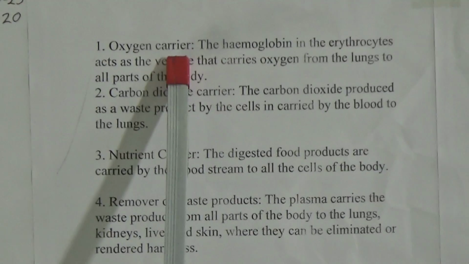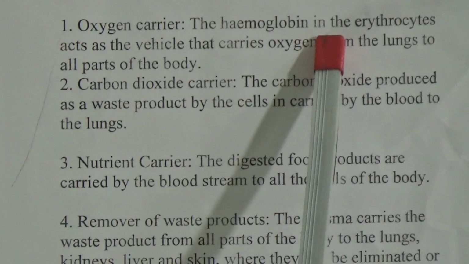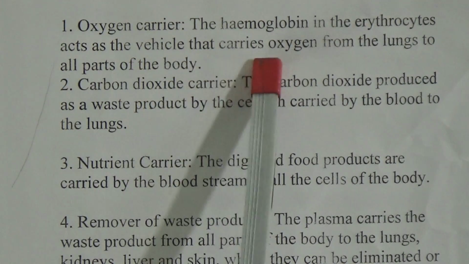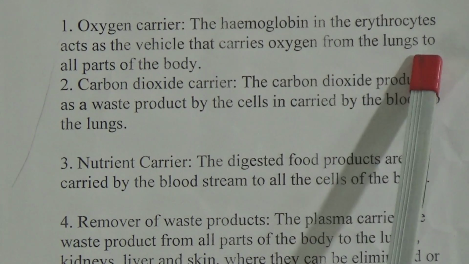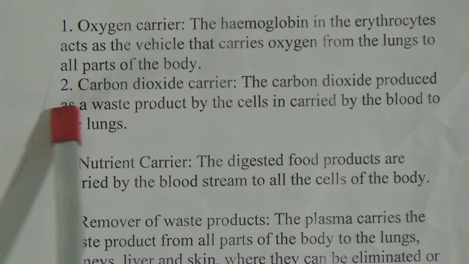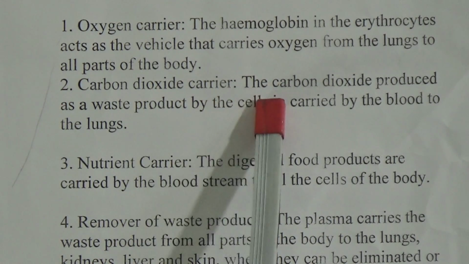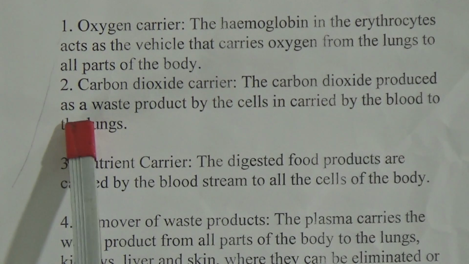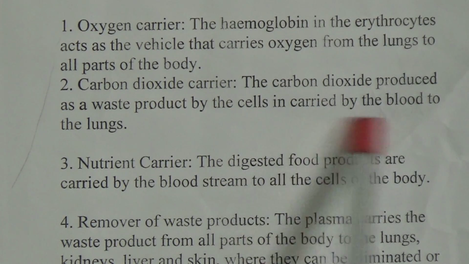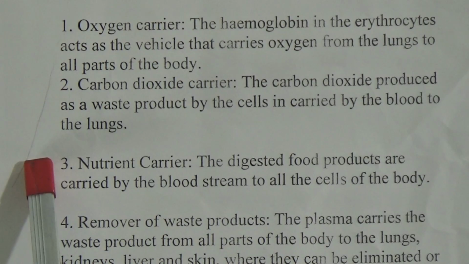One number is oxygen carrier. The hemoglobin in the erythrocytes acts as the vehicle that carries oxygen from the lungs to all parts of the body. 2 number, carbon dioxide carrier. The carbon dioxide produced as a waste product by the cells is carried by the blood to the lungs.